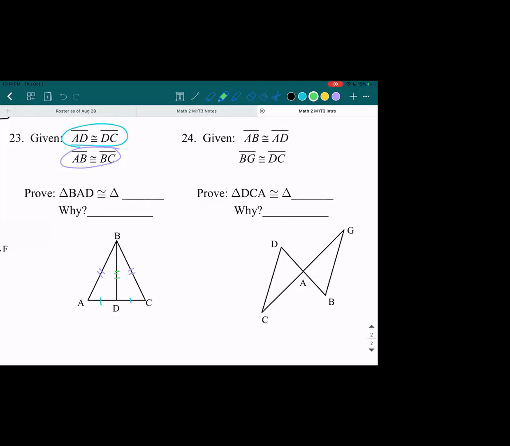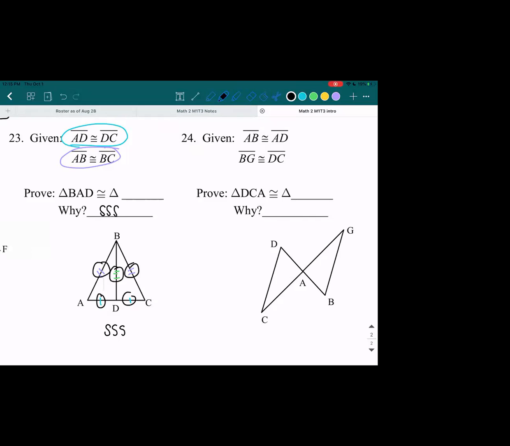And so it's part of both triangles, right? BD is shared between both of these triangles. So really we have that we got 1, 2, 3 sides. So we have SSS. And if you remember from the notes, SSS is a congruence theorem. So that means these are congruent triangles because they have three congruent corresponding sides.